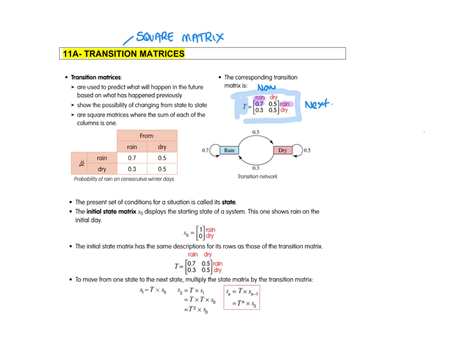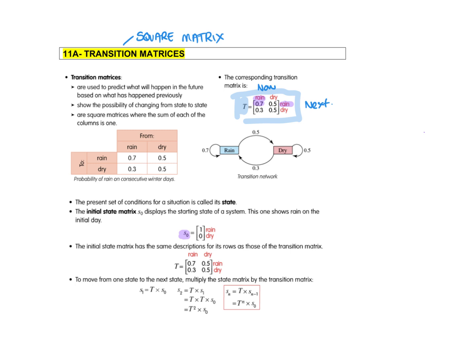Then we'll give you what we call a state matrix, and a state matrix is what's actually happening. On the first day, they'll call it S0, meaning the original day. On the original day, it rained, and that's why there's a 1 and a 0.